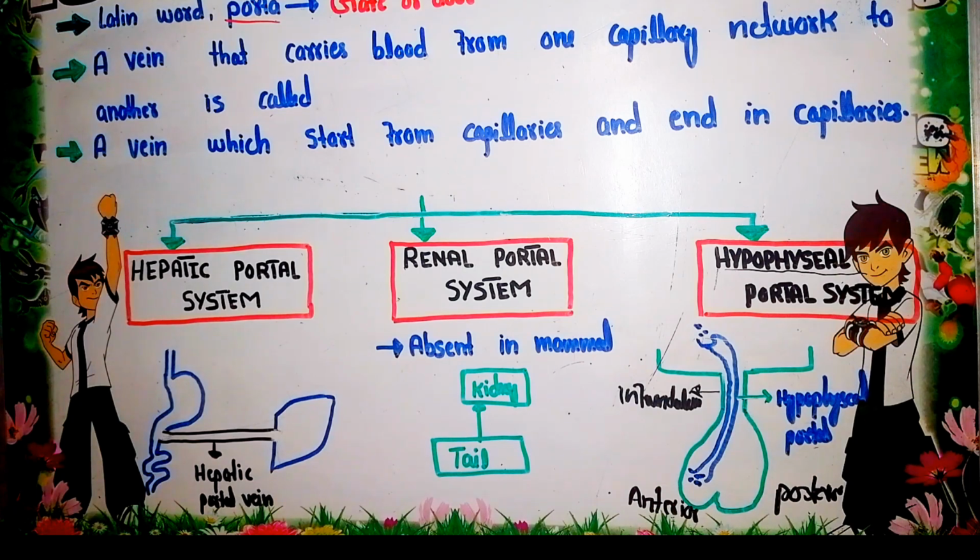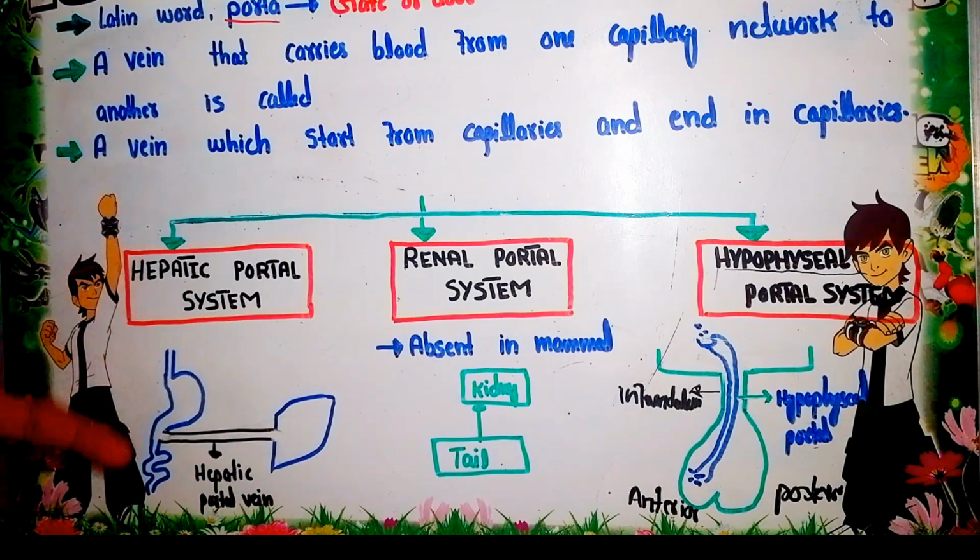Again, it is also responsible for the detoxification process, as some toxic or waste substances are present in the GIT tract. These toxic substances come through the hepatic portal vein towards the liver. Here the detoxification of these toxic substances occurs and they are detoxified in the liver.